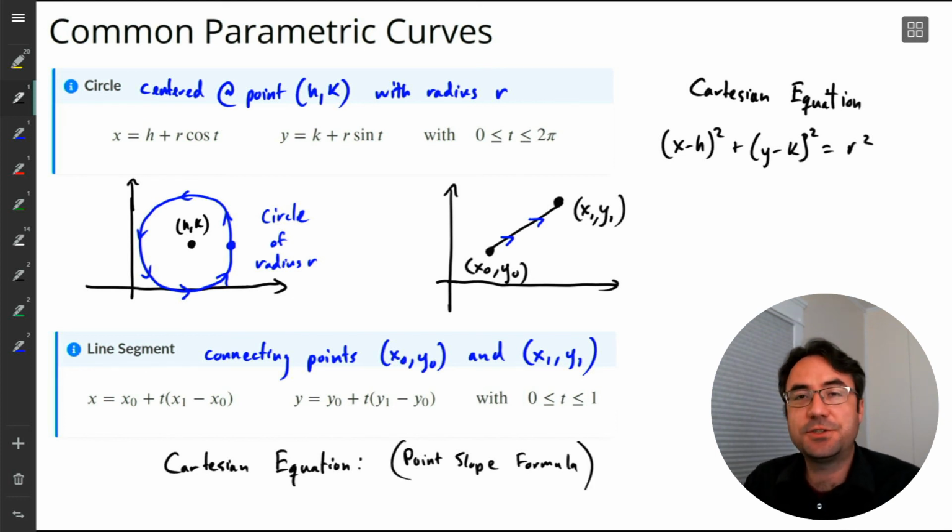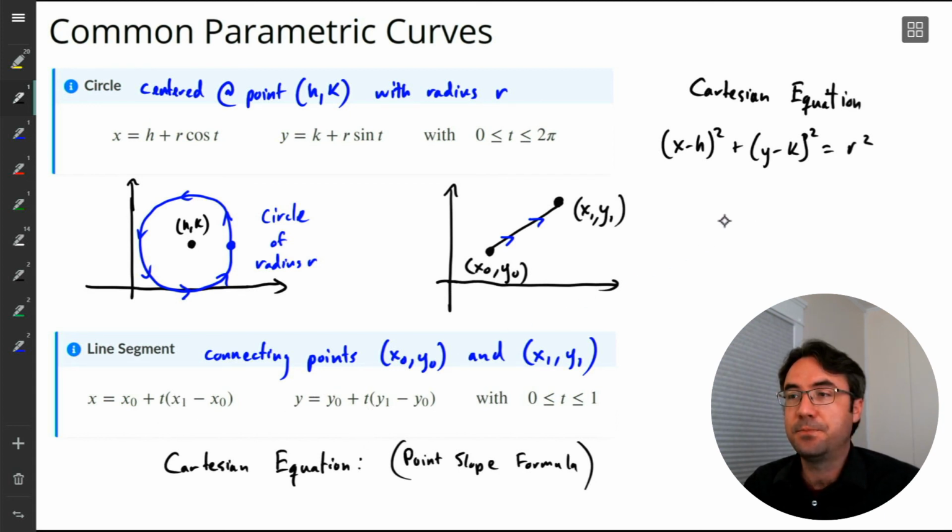All right, so these are just two common parametric curves. Like I said, if you go into Calc 3, you're going to see both of these quite a bit. If we have a circle, we want to be able to parameterize it, find the parametric equations. If we have a line segment, we want to be able to parameterize it, find the parametric equations.